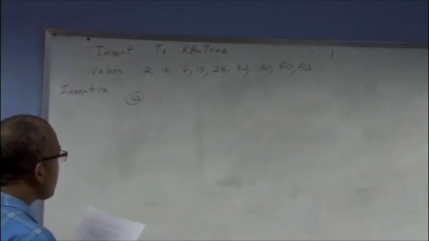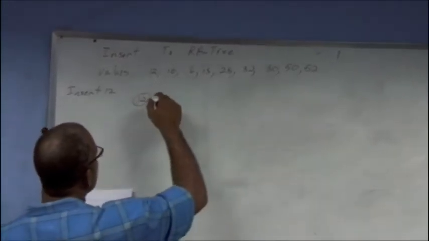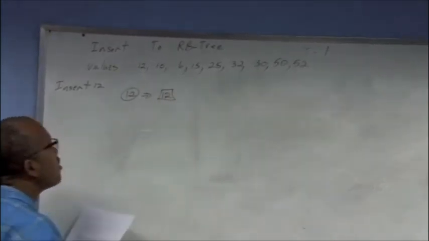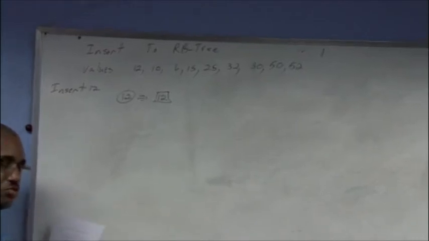So we're going to insert 12. Of course, we end up with 12 as the root, which would end up being a black node, because the root must be black.